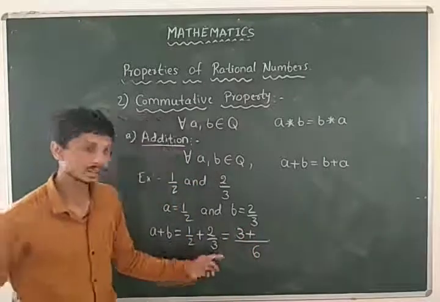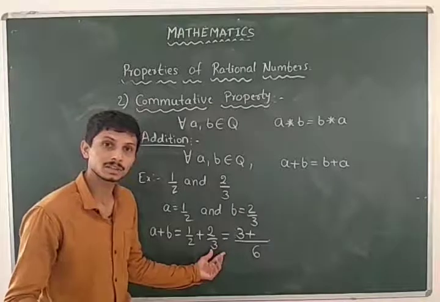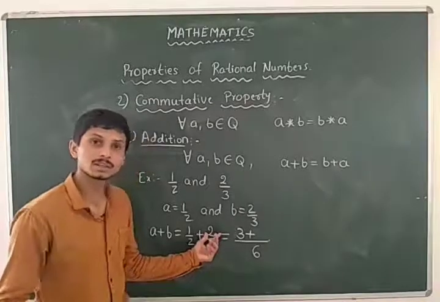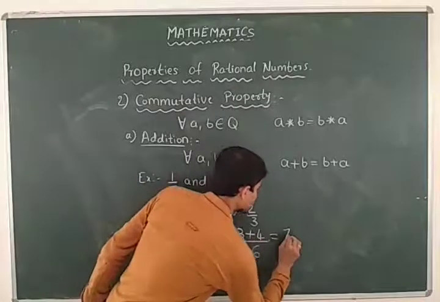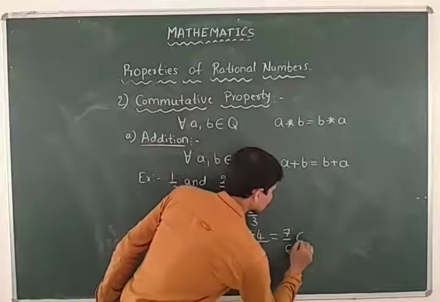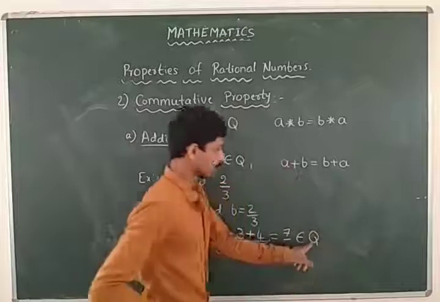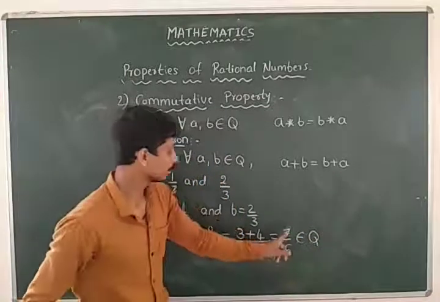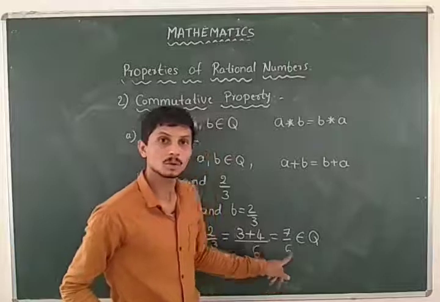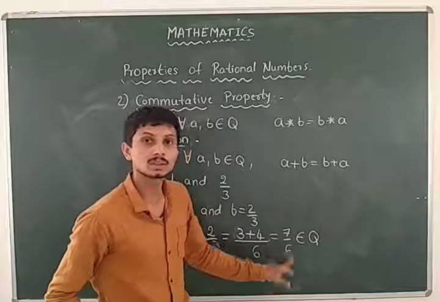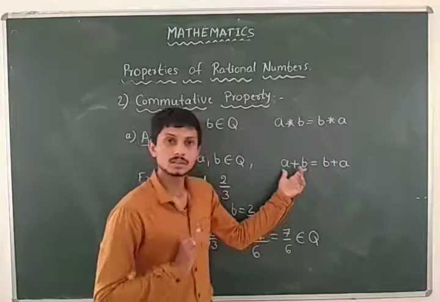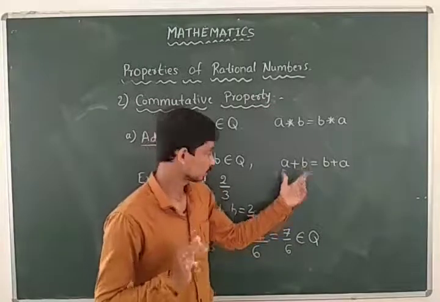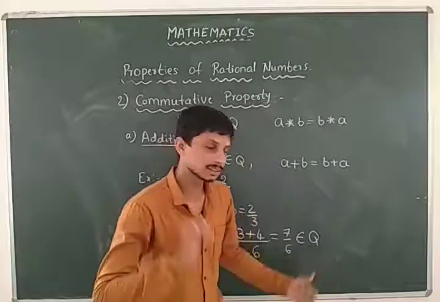For getting 6 here, we multiply with 2, so the numerator is also multiplied with 2, which is 4. So the answer is 7 by 6, which is also in the rational number set. That means it is in the form p by q, where p and q are integers and q is not equal to 0. So one set of operation is done, and it is true for rational numbers.